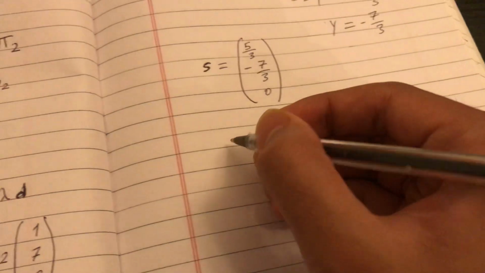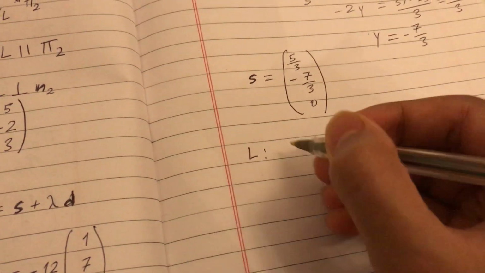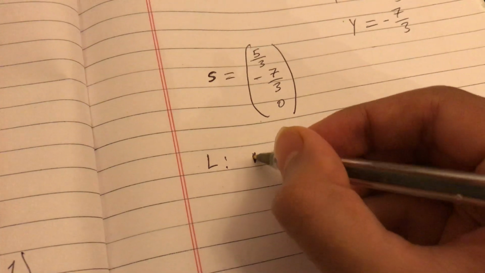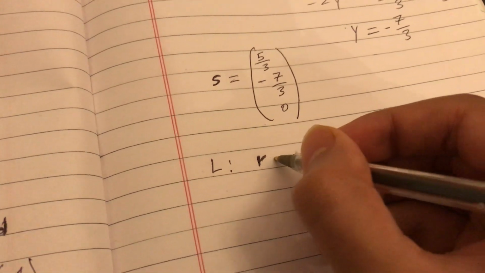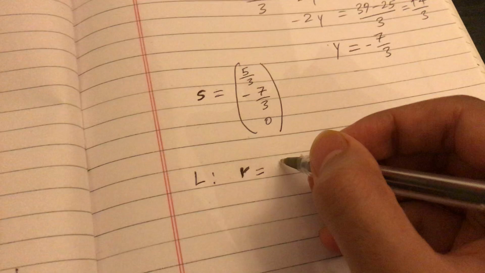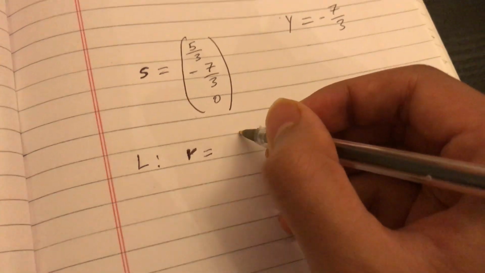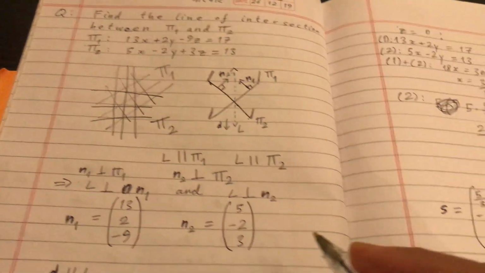Lambda can be anything, so therefore we can write the equation of the line which we wanted, the line of intersection, r, which is the same as x i plus y j plus z k, but I'm not going to write that. I don't like the unit vector form.